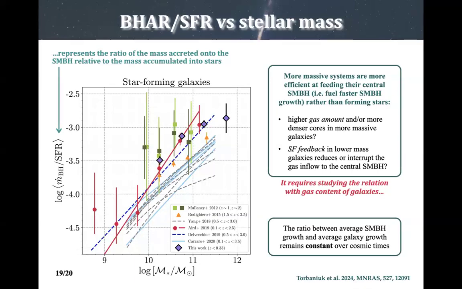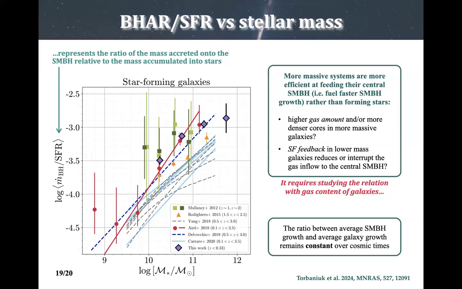So when you plot the ratio between black hole accretion rate and star formation rate, just for star forming galaxies, because we know that star forming galaxies evolve with stellar mass, so they have this main sequence of galaxies, you see that more massive systems are just more efficient in feeding the central black holes rather than forming stars.